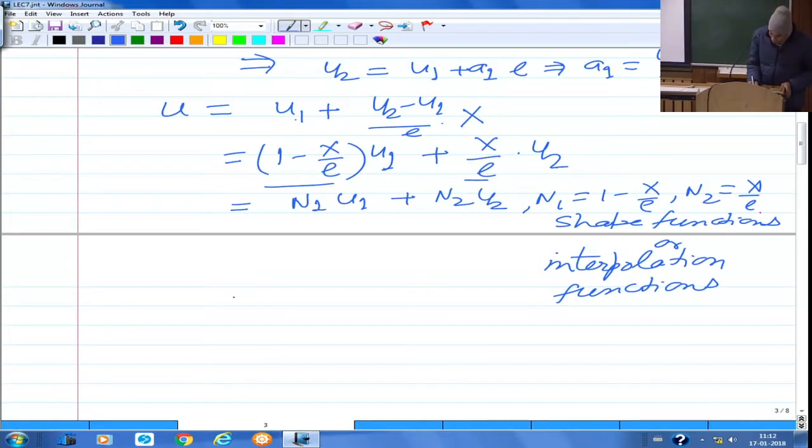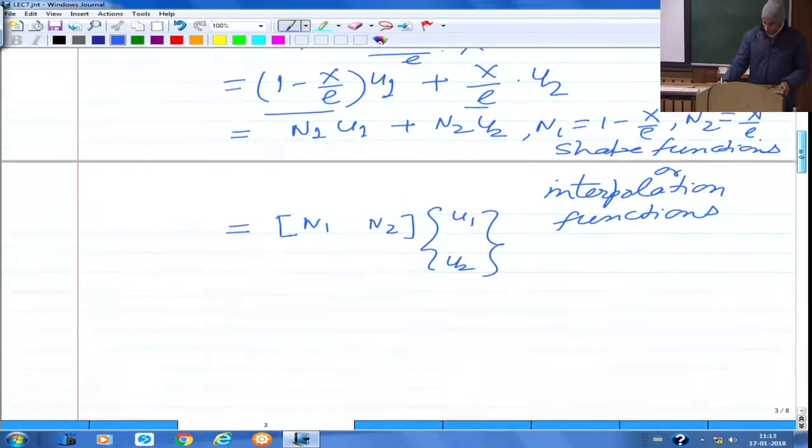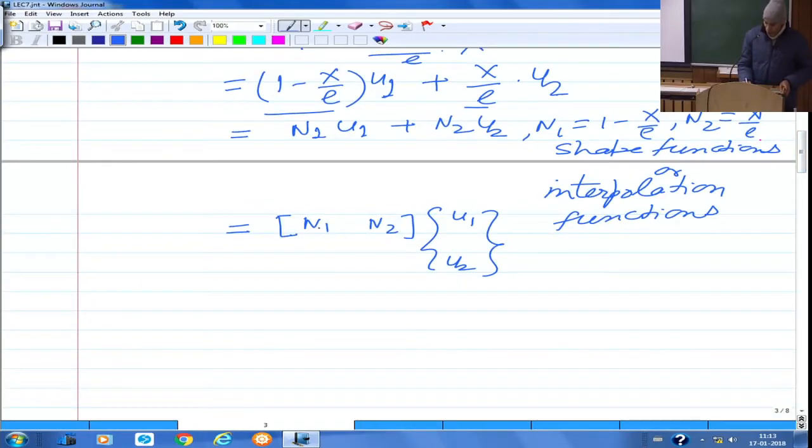Further, usually we write this in the form of a product of a matrix and a vector. So first I'll put the matrix of shape functions n1 and n2, and this vector as u1 and u2. I can write this equation like this. I am putting it as a matrix because although right now it's a row vector and this is a column vector, depending on the problem it can be a matrix, but this will always be a vector.